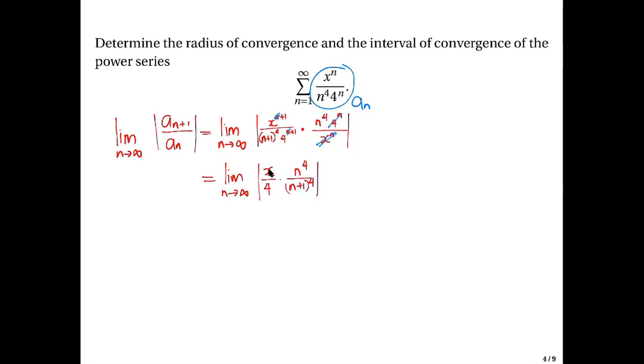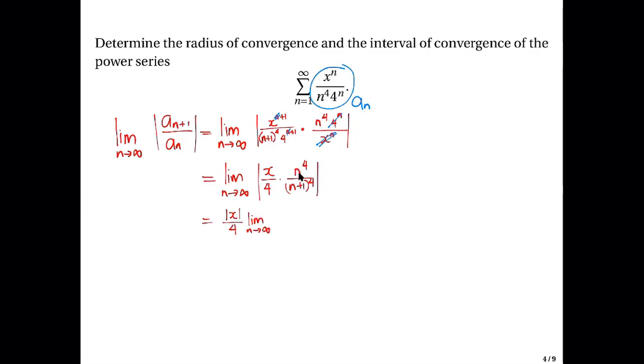Take note, your x over 4 here is independent of n, so you can bring this out of the limit. Furthermore, since x is a variable, you have to retain the absolute value for x. So you will have absolute value of x over 4 times the limit as n approaches plus infinity.